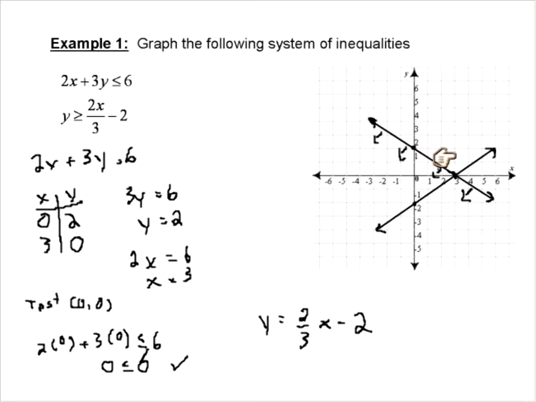So that's where we want to shade, above this line. Now, we could pick a test point. There's nothing wrong with picking a test point, but there's no need to at this point to verify. If you want to, go ahead, and you'll determine that yes, we want everywhere above the line. So if we want above the line, we're going to do the same thing we did before and draw in these arrows.